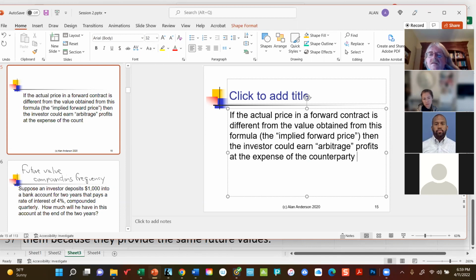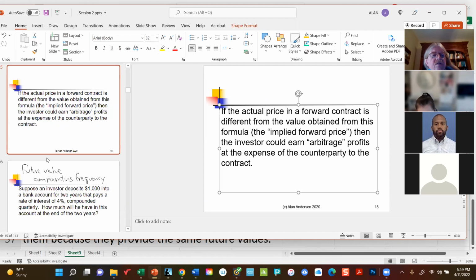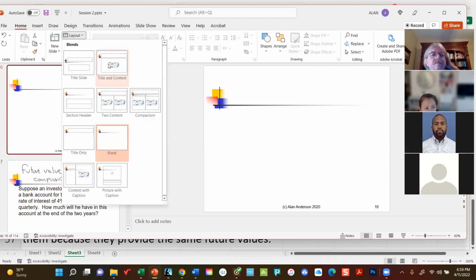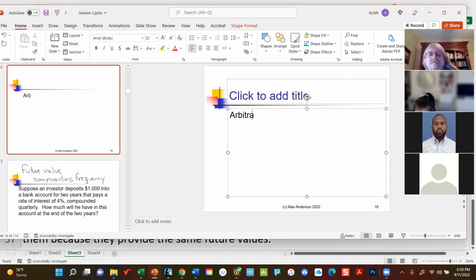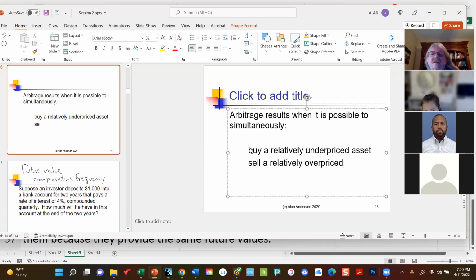But I just want to briefly mention what arbitrage actually means, because we're going to see it quite a bit. An arbitrage results when it is possible to simultaneously buy a relatively underpriced asset and sell a relatively overpriced asset.